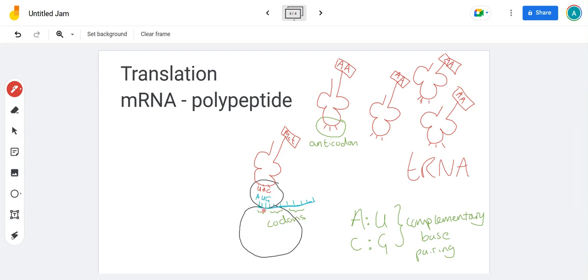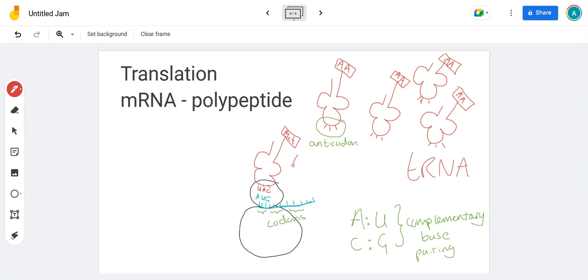So this codon here, the first one, is called the start codon, and it binds to the complementary tRNA, which is carrying the amino acid methionine. And then what will happen is that this ribosome here will actually move along, and we'll get another tRNA bind in this space here.